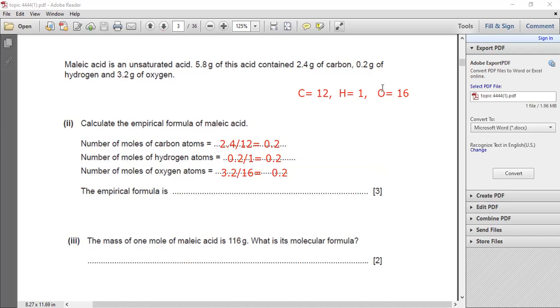Add them, maybe? No, no. If you remember at all, after finding the number of moles of each element, you have to remember this, put it in your mind.